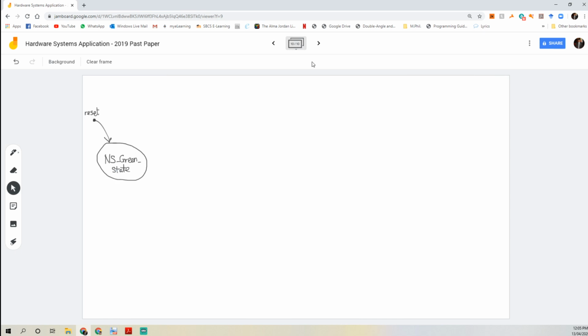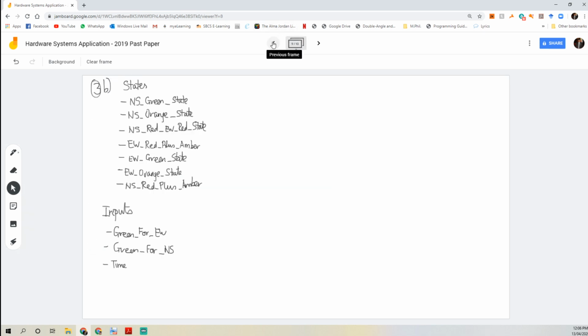So we're going to have this transition here for this state, and we're going to call the input into the system to transition states the green for east-west signal. In other words, when this signal goes high, we are going to change our state from north-south green to north-south, what did I call it? North-south orange. Okay.